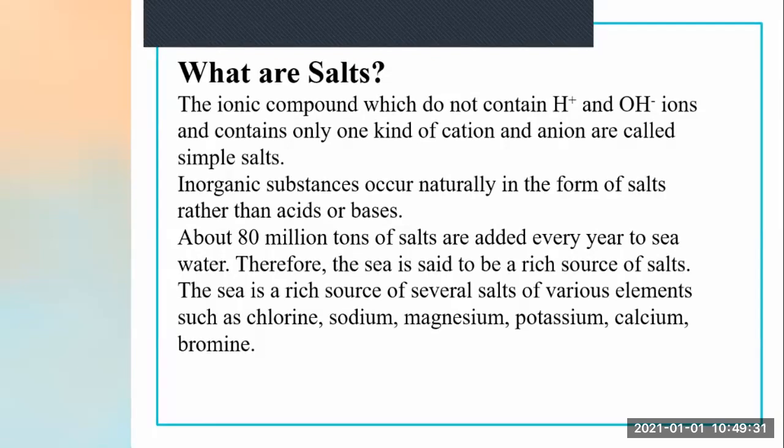Which elements can we obtain, students? Chlorine, sodium, magnesium, potassium, calcium, bromine. All these elements we can obtain from the salts present in seawater. So I hope you have understood what salts are, which types of salts are obtained from seawater, why seawater is a rich source of salt, and which elements we can obtain from seawater, right?